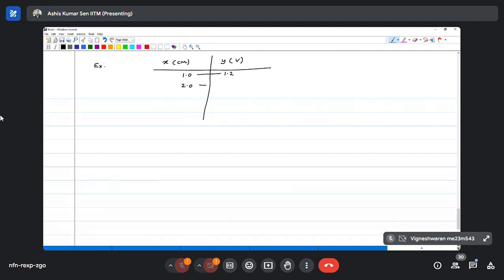At 2.0, it is 1.9. At 3.0, you get 3.2. And at 5.0, you get 5.3. So for every x, you have a y value, and you are asked to find an appropriate fit.